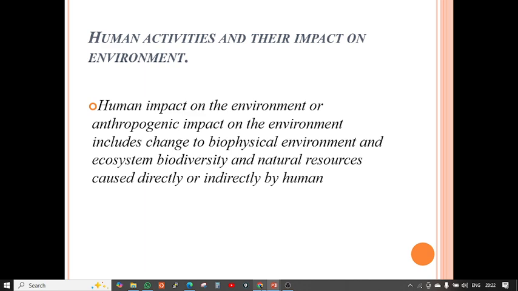For example, the oxygen concentration decreases and carbon dioxide increases. Another example is that the heat gradually increases, and in cold times, the cold becomes colder. These are changes which cannot be tolerated by different kinds of organisms, and they are seriously affected in their health. So that is called biophysical environment change.